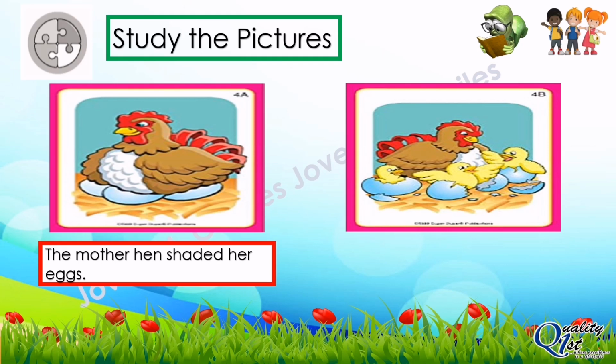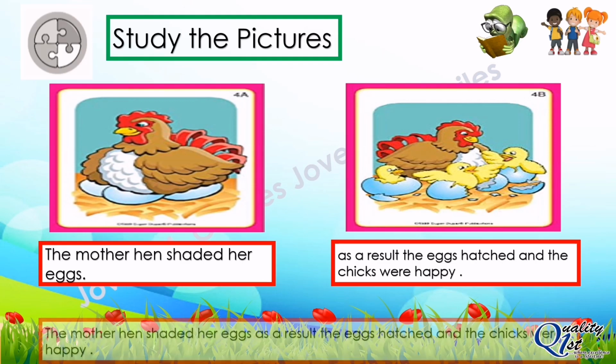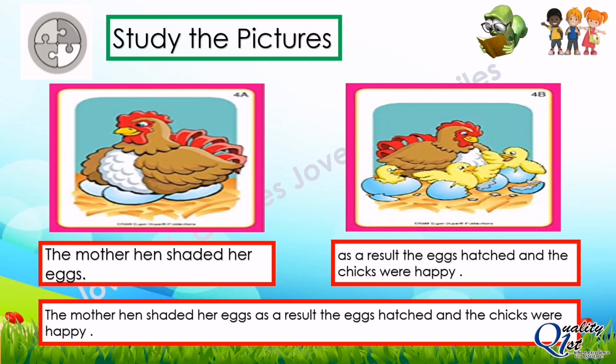Now, for the second picture, we can say that as a result, the eggs hatched and the chicks were happy. Okay? Now, let's construct a sentence out of these observations. We can say that the mother hen shaded her eggs. As a result, the eggs hatched and the chicks were happy. Alright kids, well done!